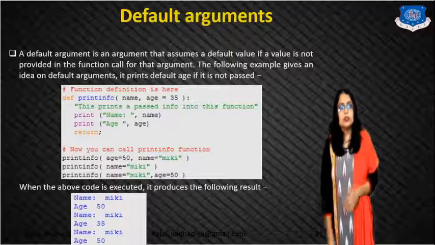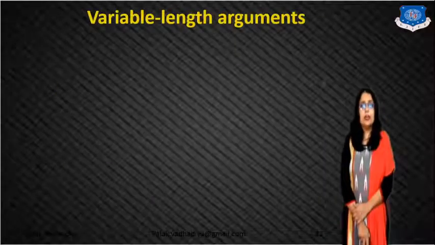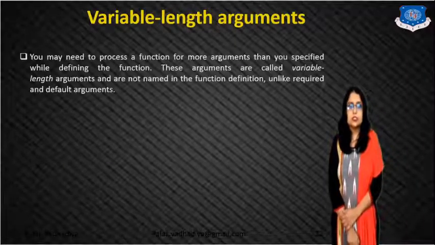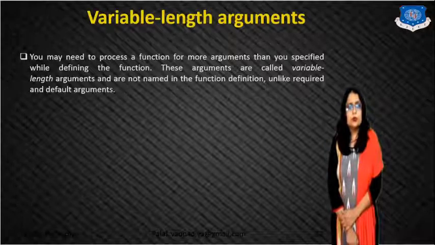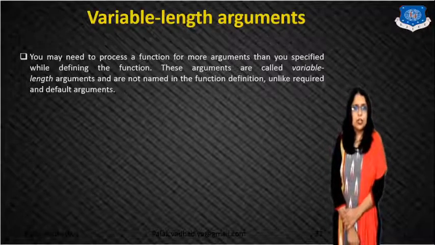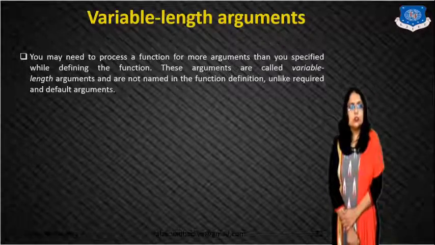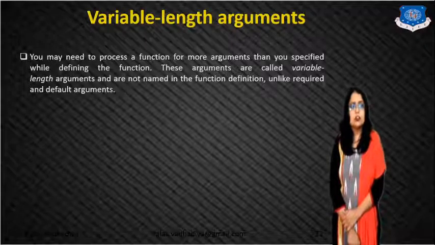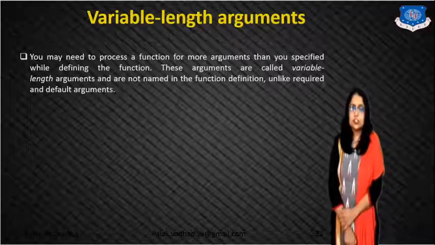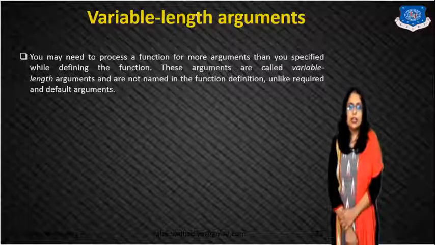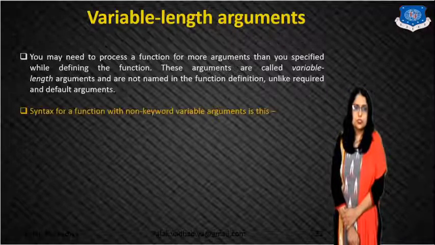Alright. Now, next is variable length arguments. You may need to process a function for more arguments than you specified while defining the function. These arguments are called variable length arguments and are not named in the function definition, unlike required and default arguments.